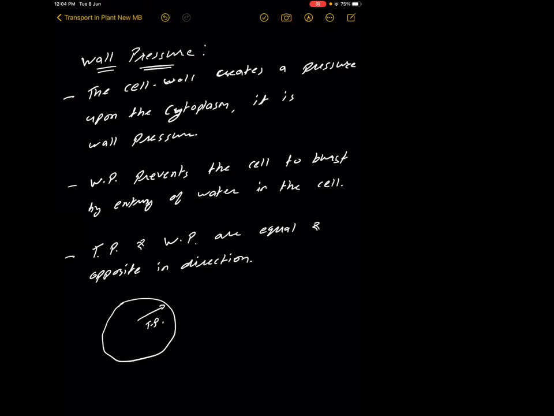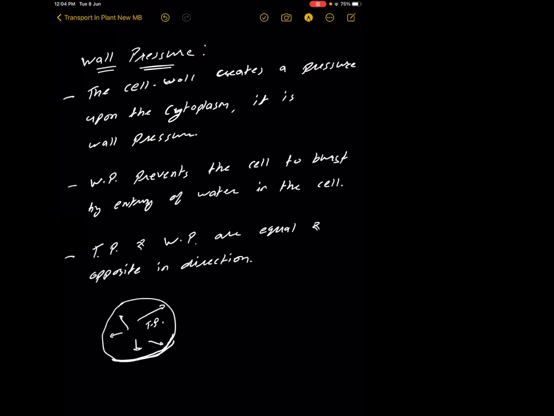Now, water enters the cell and creates pressure, which is called turgor pressure. Because of turgor pressure, stretching occurs. The cell membrane and cell walls are stretched because of continuous pressure upon the wall.